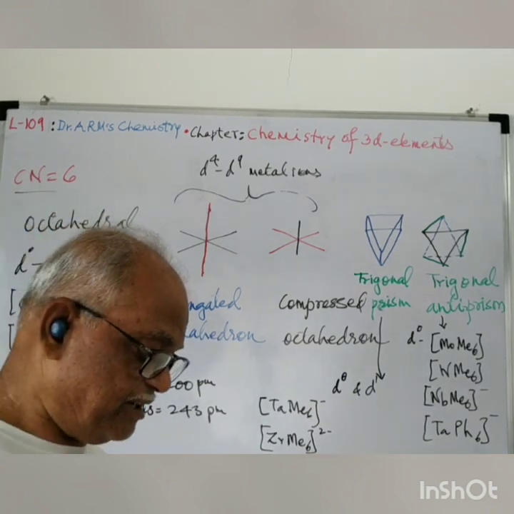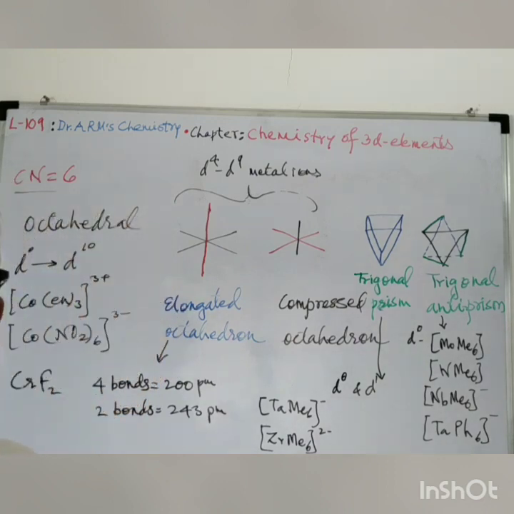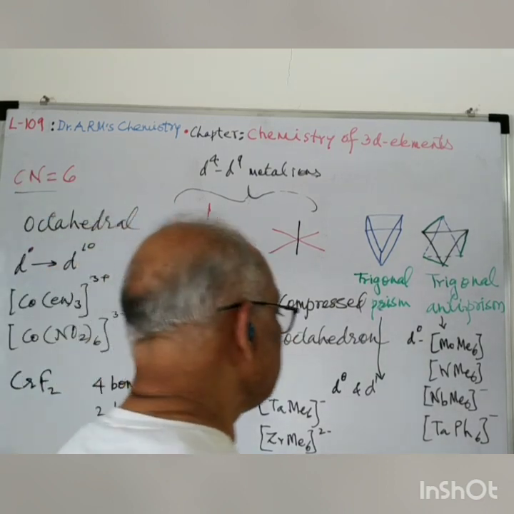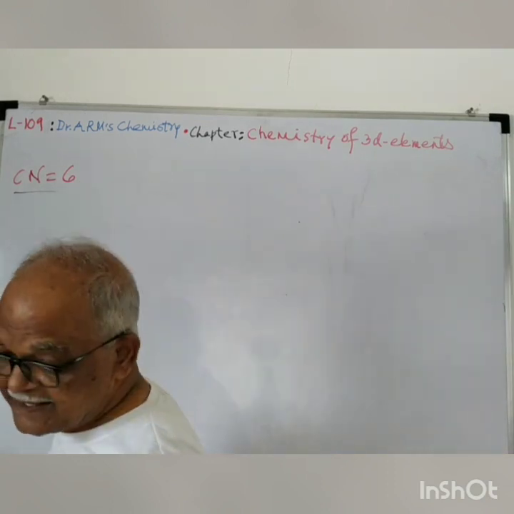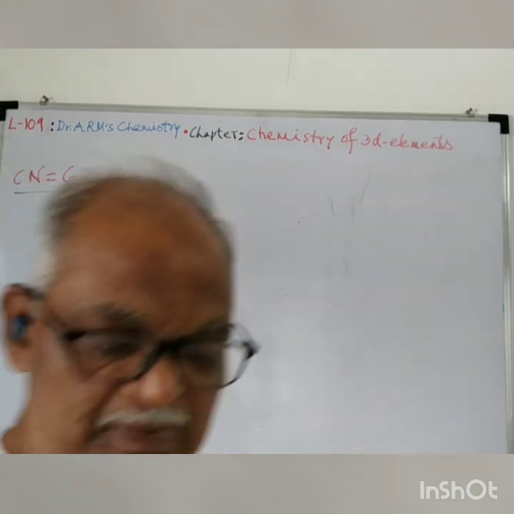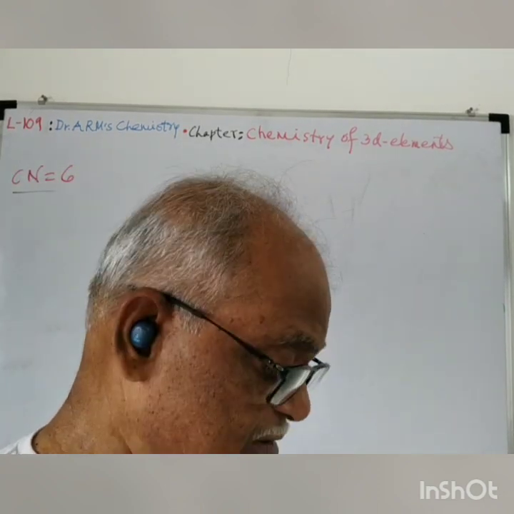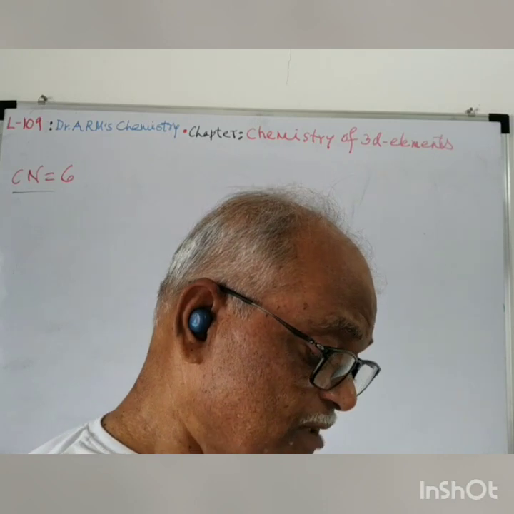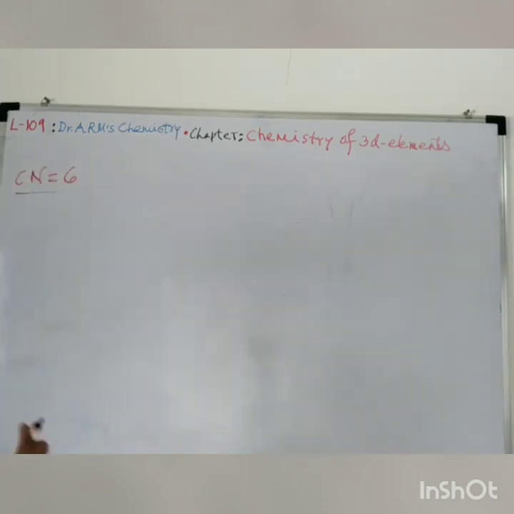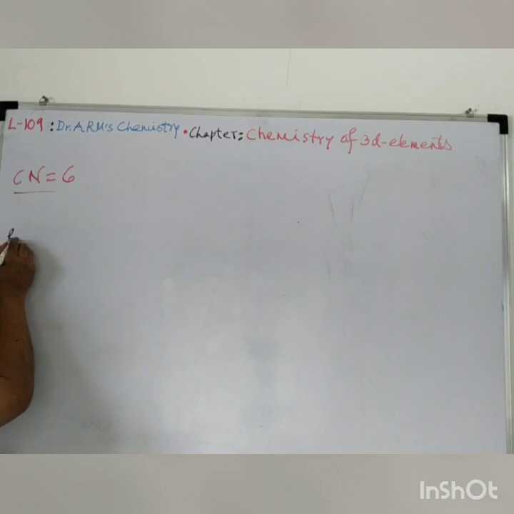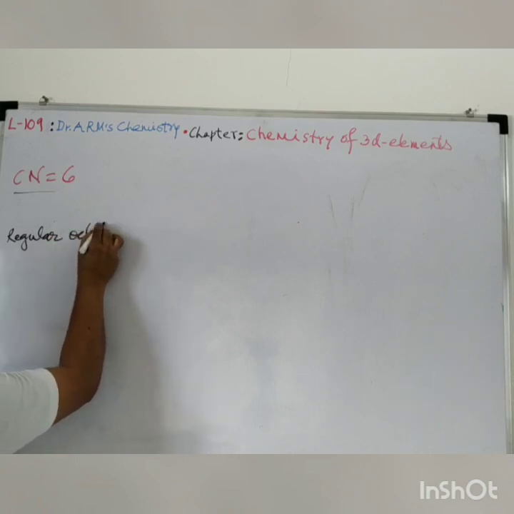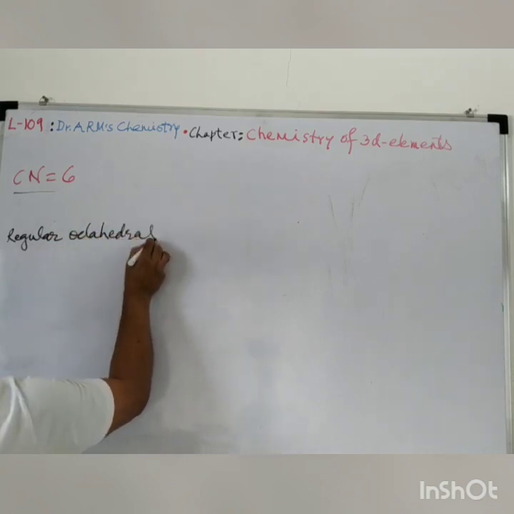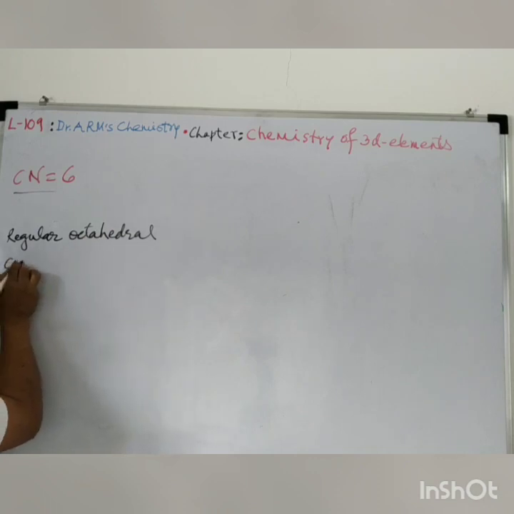Now we will see the regular octahedral structures, whereas low spin complexes have fewer unpaired electrons. So we will see the examples of regular octahedral complexes.